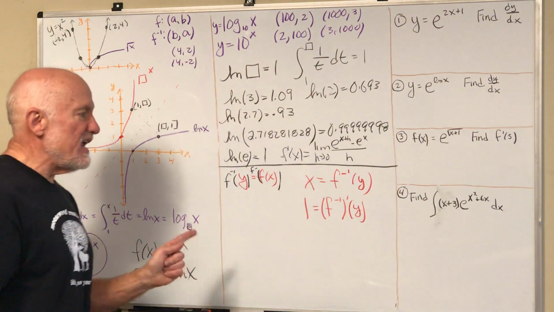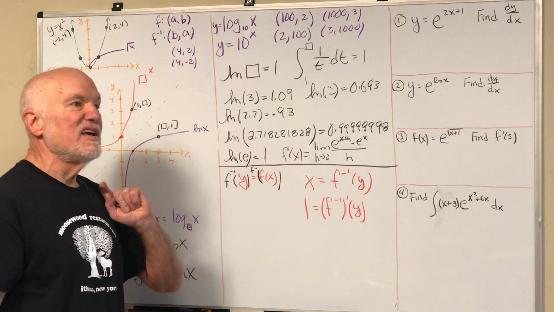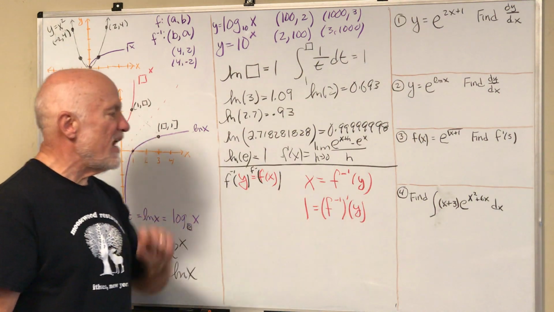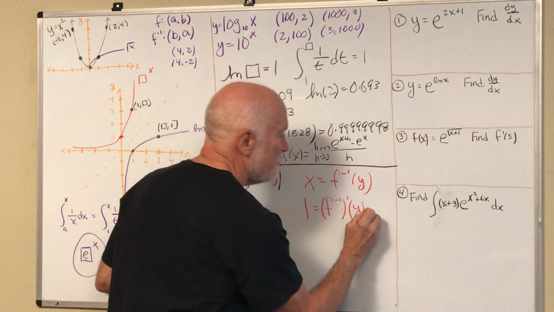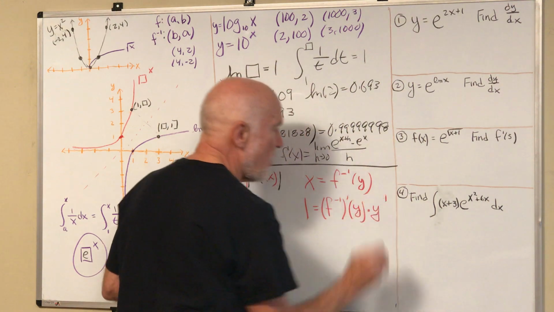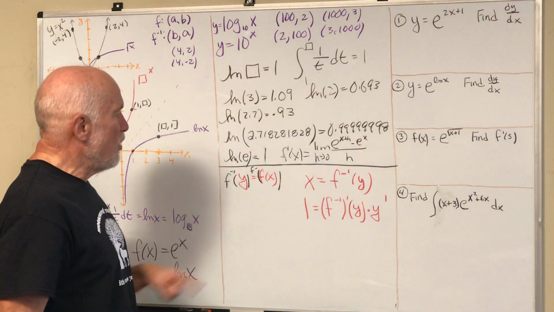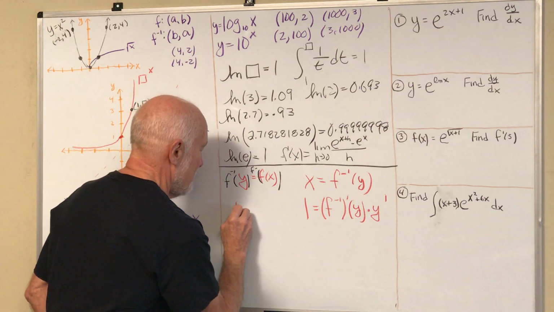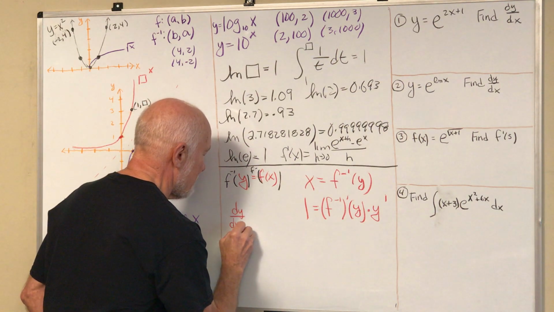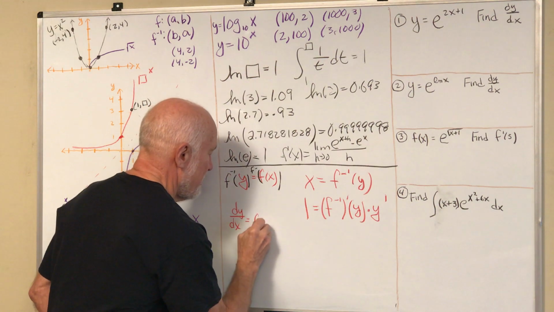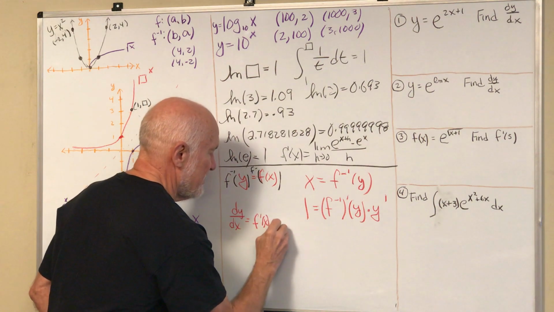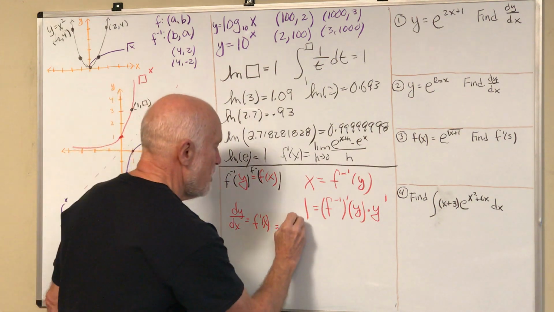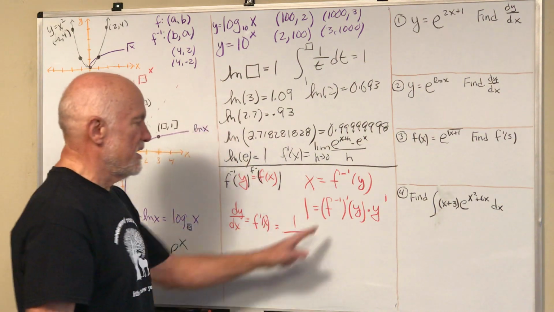So we have to do the chain rule because this is not x. So we have to put y in for x and then multiply by its derivative, which is y prime. Well, y prime is dy dx.